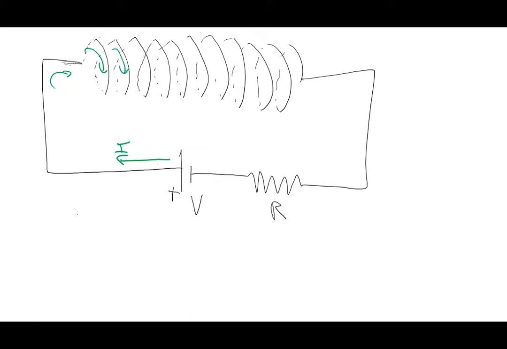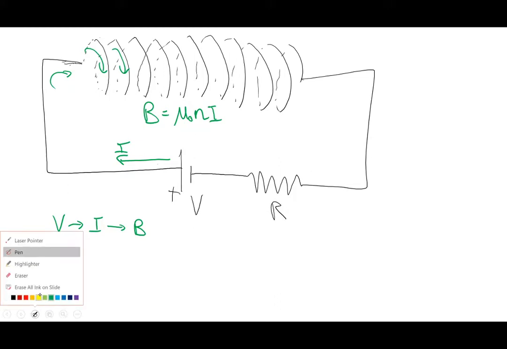As a result, you get some current, which gives you some magnetic field, right? Because within the solenoid, your magnetic field depends on the current. Using the right-hand rule, you know that the magnetic field is going to go in that direction.